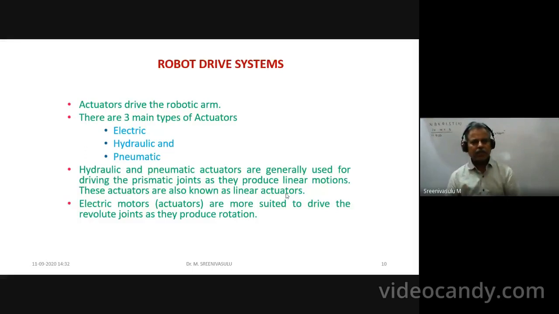So unless you give signal and power to the actuator drive, it is not possible to provide some relative motion between those links.